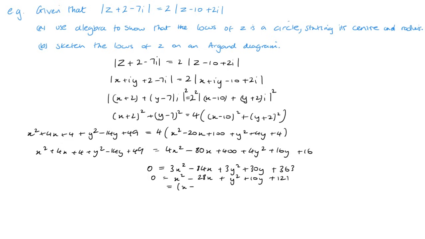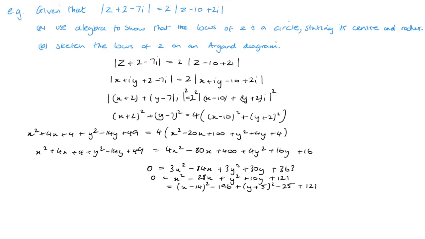So x minus 14 squared minus 196, because 14 squared is 196, plus y plus 5 squared minus 25, plus 121. And then adding these three up gives me minus 100 on this side.